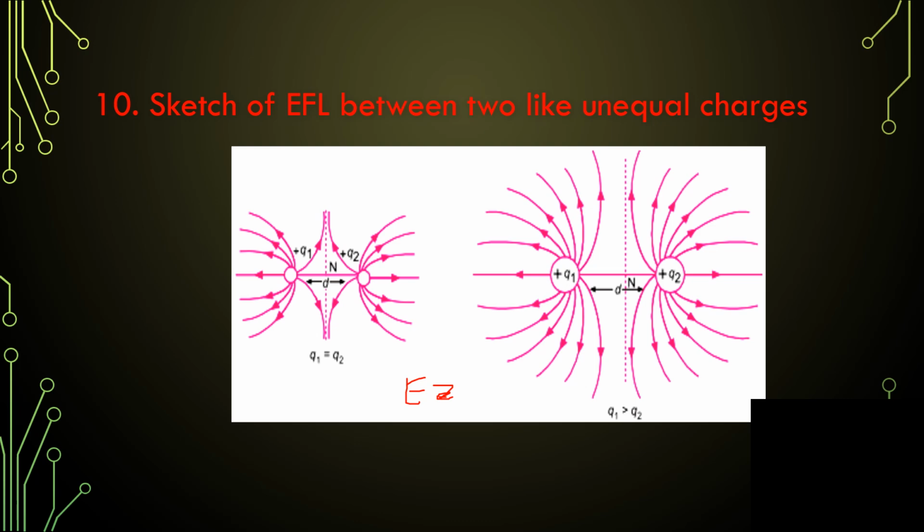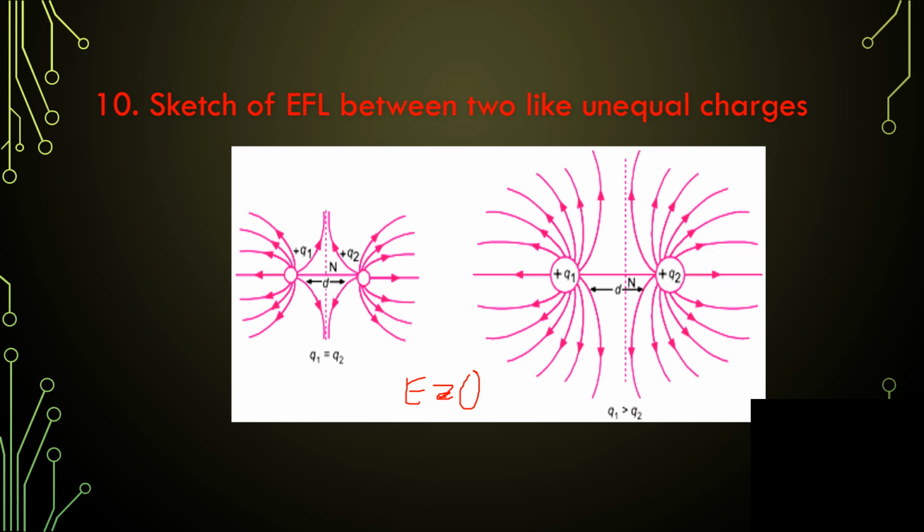As I mentioned previously, the electric fields act in opposite directions. Then for the total electric field to be zero, the only possibility is that they must be equal, then only we will get zero.